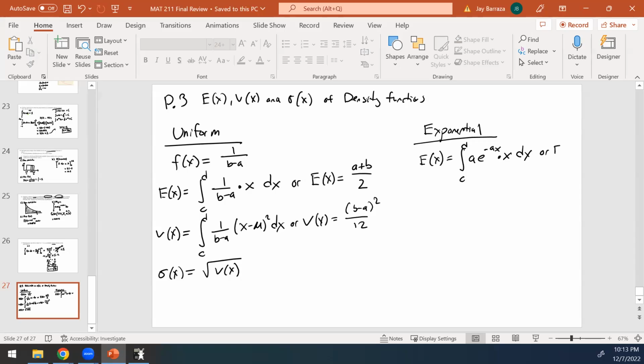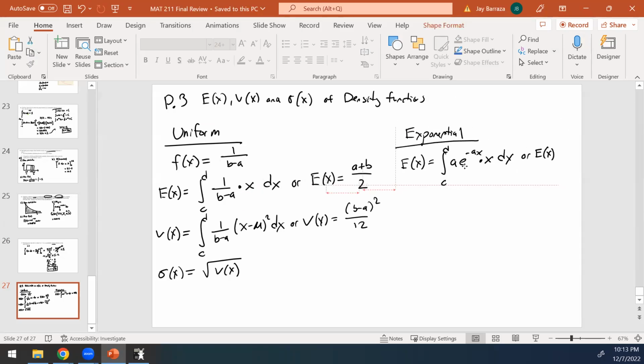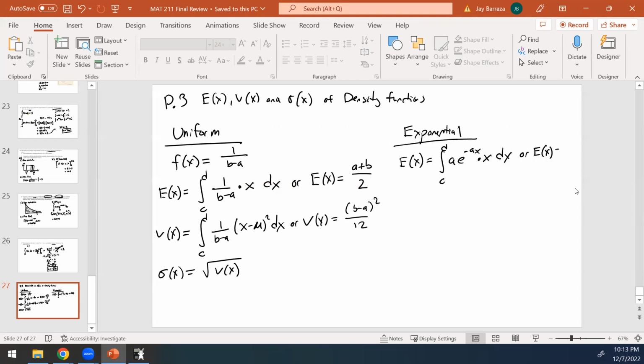Or E of x is equal to 1 over a. The variance is the integral from c to d of a e to the negative ax times x minus mu squared dx, or E of x is equal to 1 over a squared.